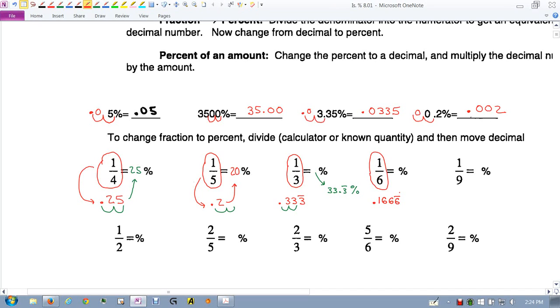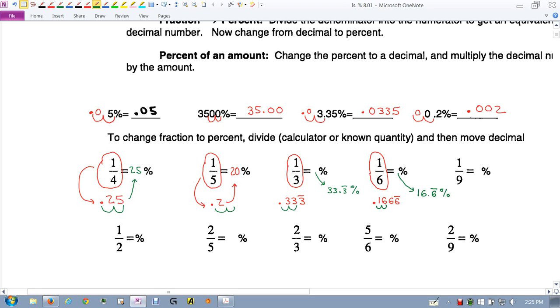Seems to be the theme of the day. 3 6s. And move the decimal point 2 places to the right. Can't fit that in there, so what do we have? 16.6. You can just put the bar there. %. Just don't forget the % symbol.